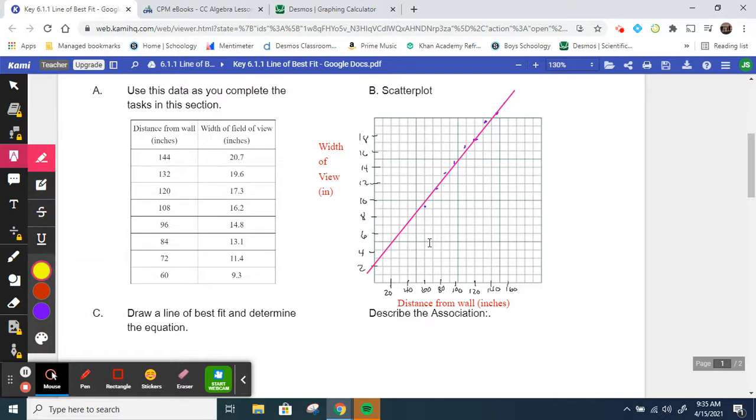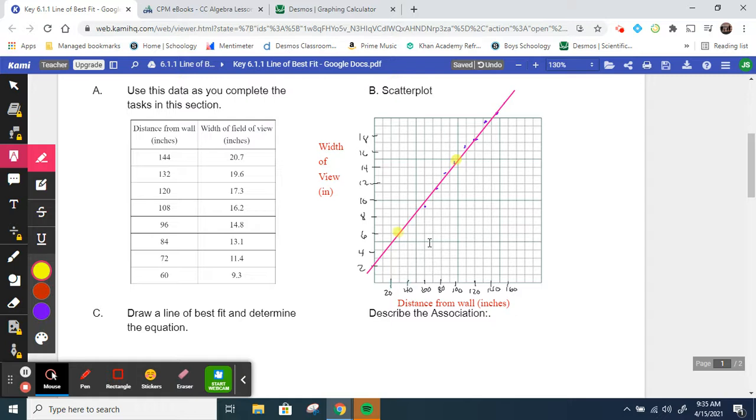If I can, I want a lattice point. This one here seems like a lattice point right there. That's at 100, 15. So I think I'm going to use that one. And let me see if I have another one that looks like it's on a lattice point, really close, like maybe this one right here.